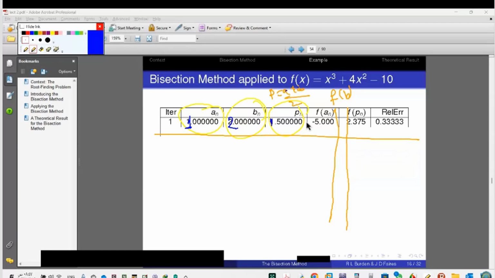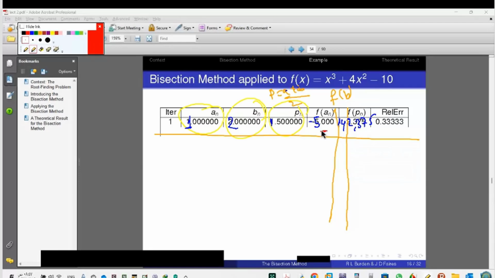Now I will calculate. F(A) here is minus 5, F(B) is 14. Now if I calculate F(P), it's 2.375. I need the sign. So here it is: give me the red one.